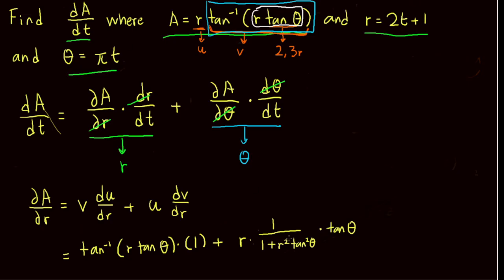Alright, so that is your del A del r. If I were to simplify del A del r, it would be tan inverse of r tan theta plus r tan theta over 1 plus r squared tan squared theta.